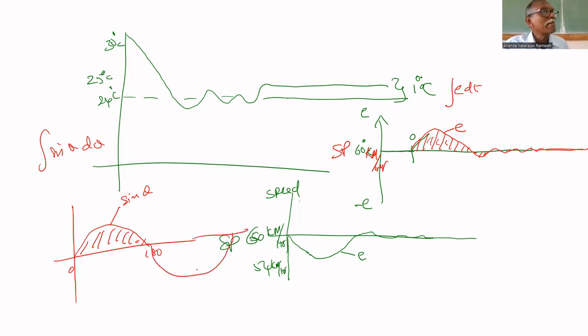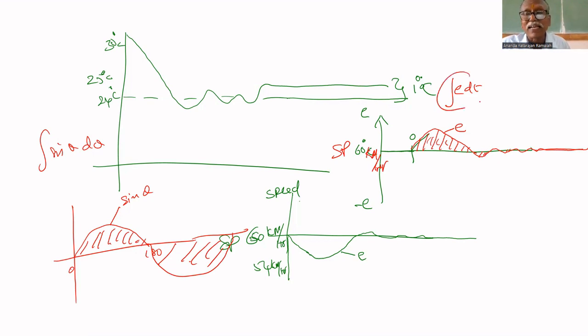Why? This is positive, this is negative, they get cancelled. That's why in mathematics, if you integrate sine theta over a full cycle, you get 0. If you integrate up to 180 degrees, you get some value, because the positive area is higher and the negative area is less.